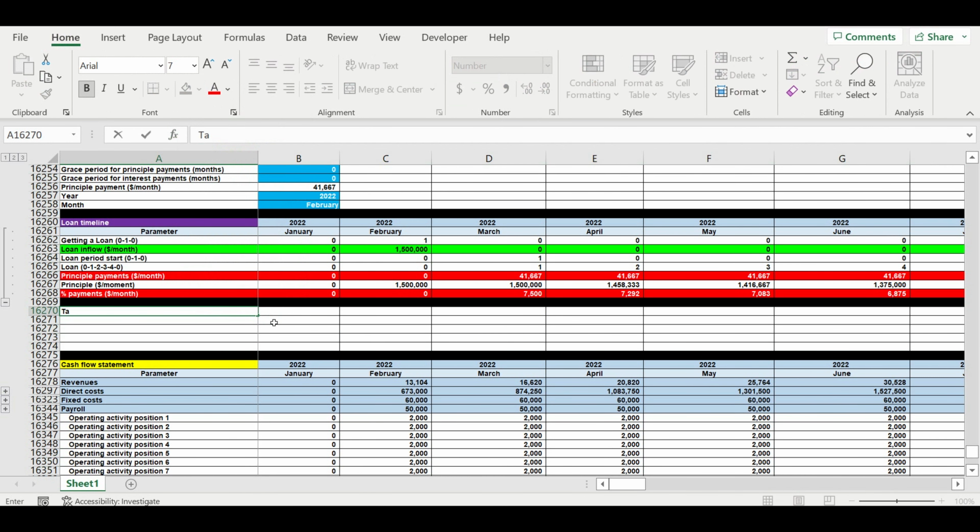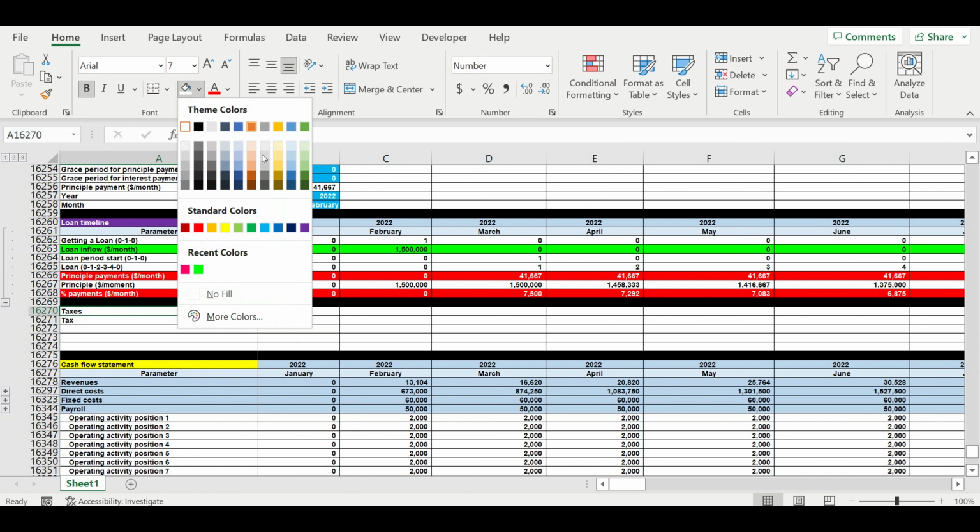So taxes, this will be tax, then rate, so this will be a new block of inputs.